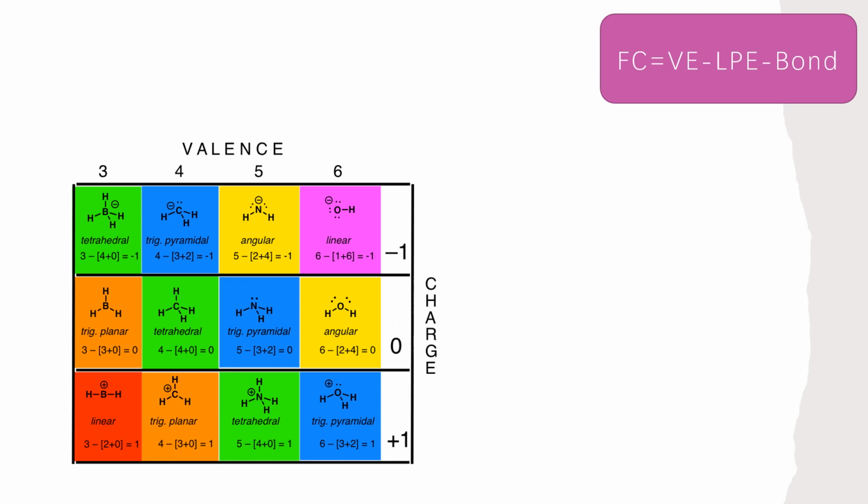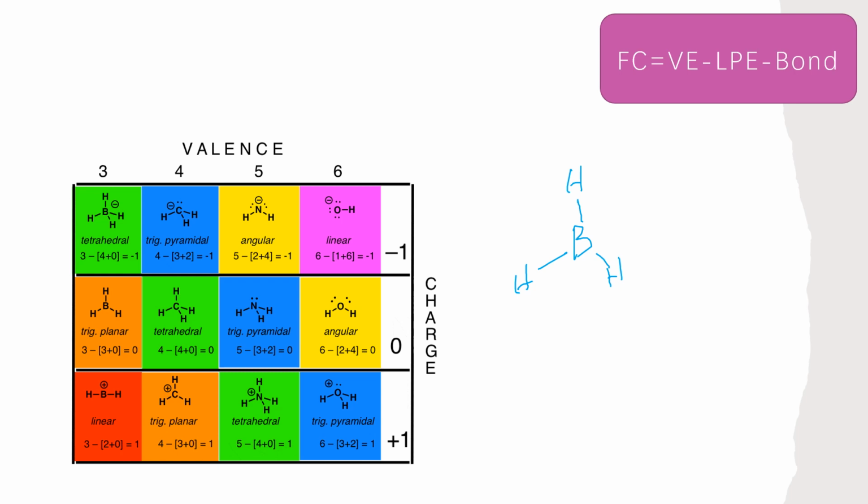This time BH3. Don't worry about the octet for this one over here, because boron is a group 3 element, so it is satisfied with 3 bonds.